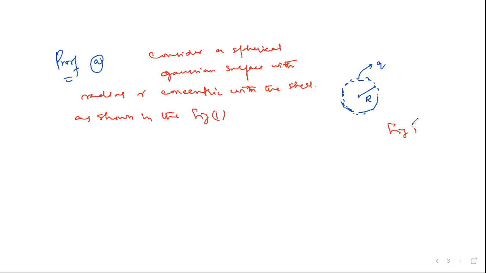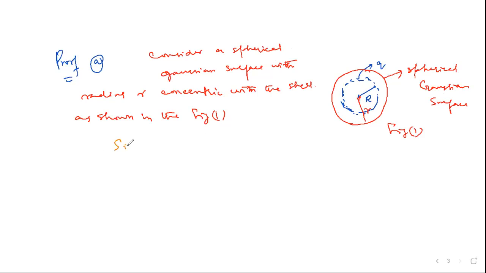Let this be my figure 1. So I draw a Gaussian surface concentric with the distribution, and r is the radius. This is my spherical Gaussian surface. It is concentric and it is enclosing the whole shell, right? It is enclosing the whole shell.